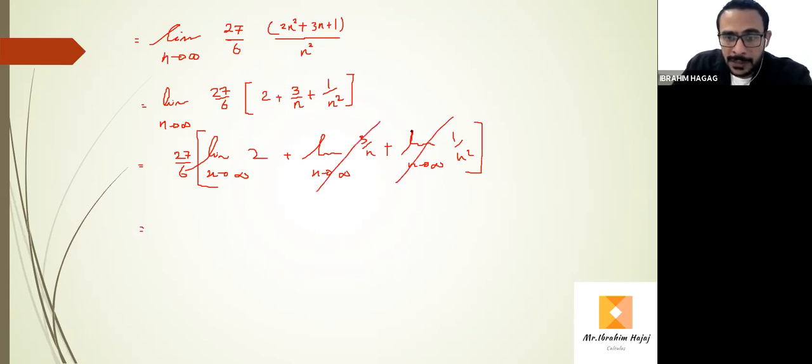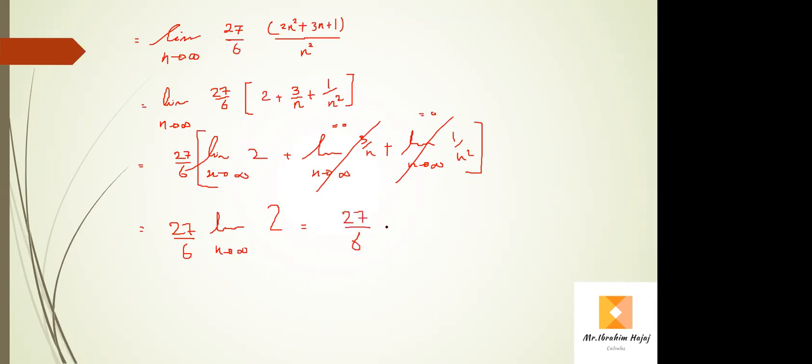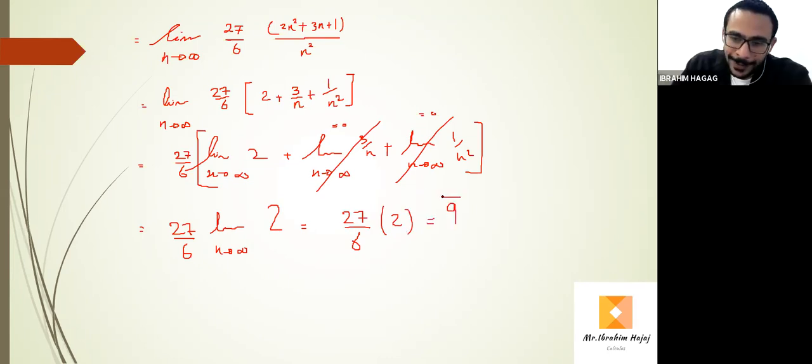The last two will be equal to 0 based on the fact we just said. You get 27 over 6 times the limit as n approaches infinity of 2. What's the limit of any constant? It gives you the same constant. 27 over 6 multiplied by 2 equals what? 9. Yes.